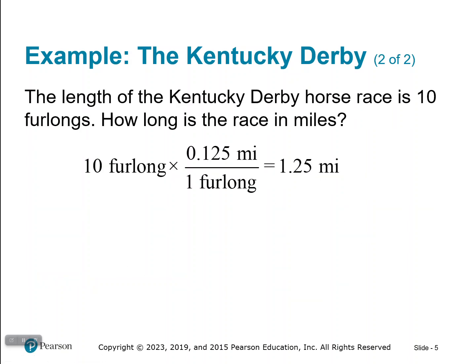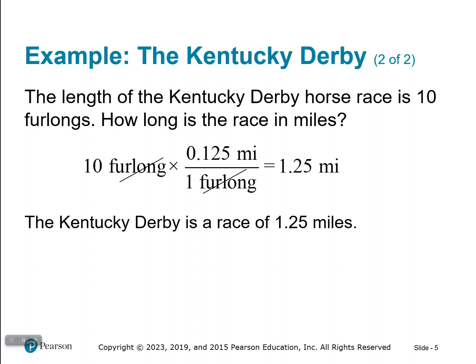So we'll take 10 furlongs times 0.125 miles divided by 1 furlong. Furlongs cancel out. And we end up with 10 times 0.125 is 1.25 miles. Remember, we're always going to finish with an explain, write it as a sentence. Kentucky Derby is a race of 1.25 miles.